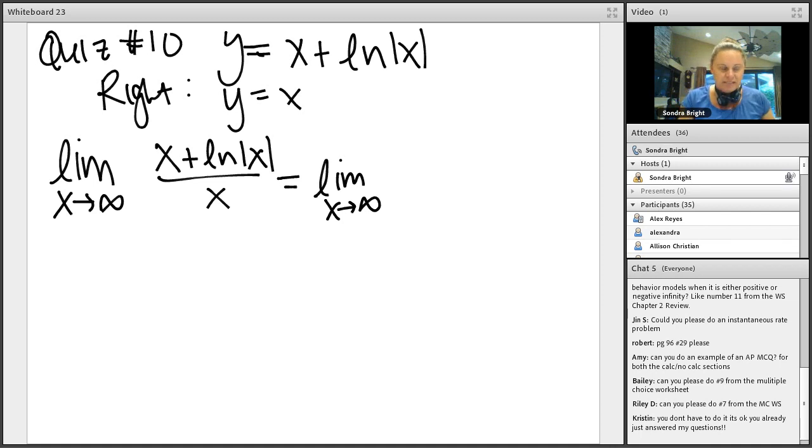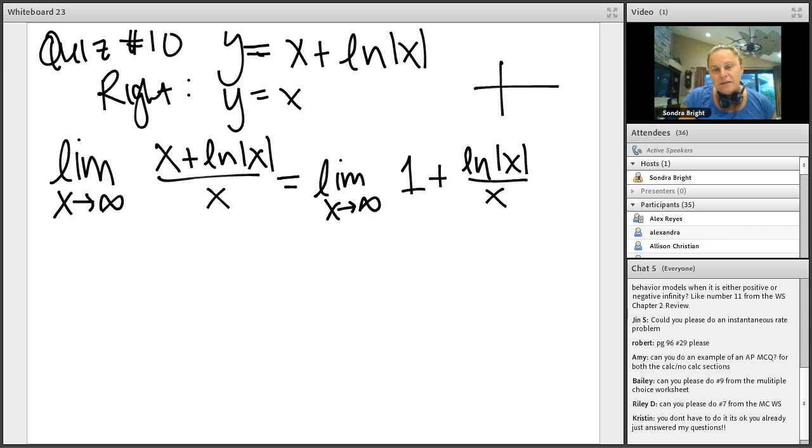If it's the left-hand side, then it's as x goes to negative infinity of 1 plus the natural log of the absolute value of x, over x. And hopefully, if you don't remember, natural log of x looks like this.